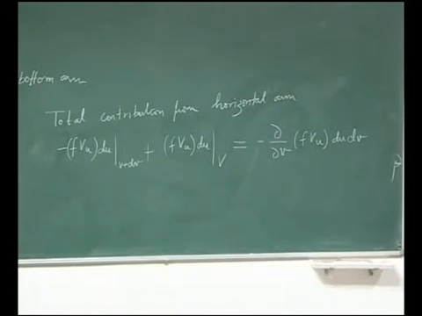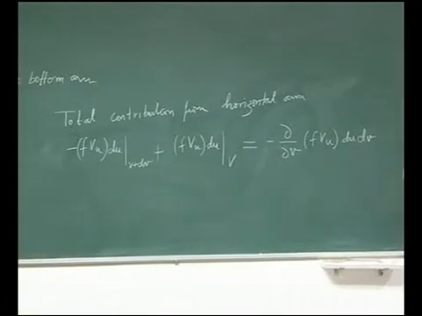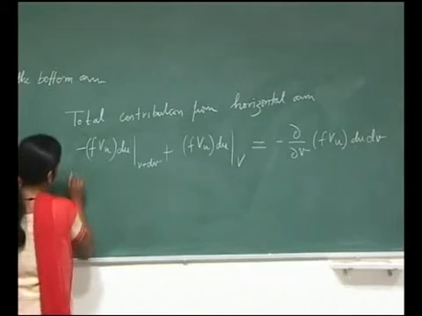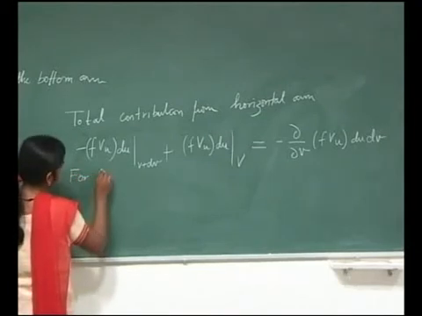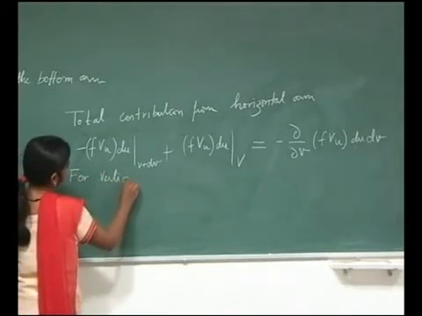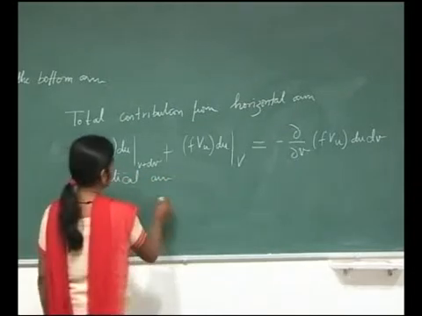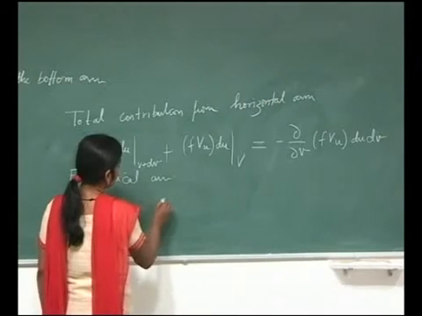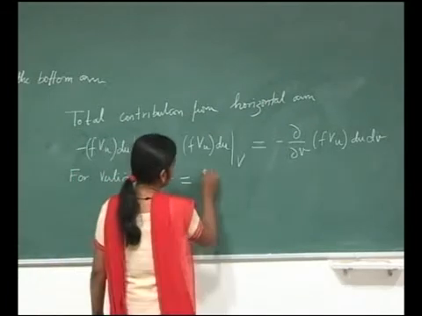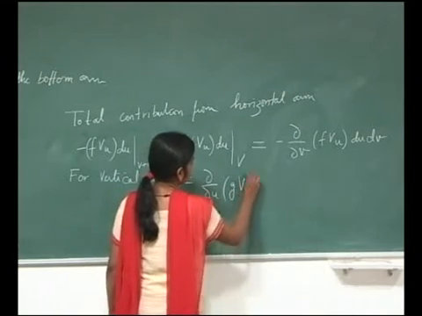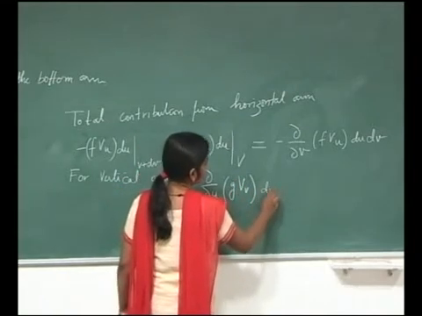Now similarly, for the vertical arms, I have 2 vertical arms, I can write that the total contribution would be del by del u G Vv du dV.